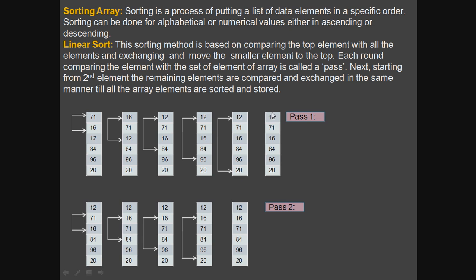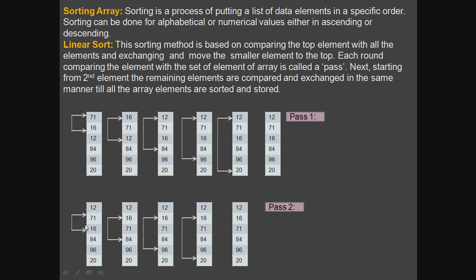So at the end of the first pass, you will have the lowest number at the topmost position in terms of linear sort. As you can see, the rest of the array elements are still unsorted. Since the lowest number has been placed, we now start from the second array element.